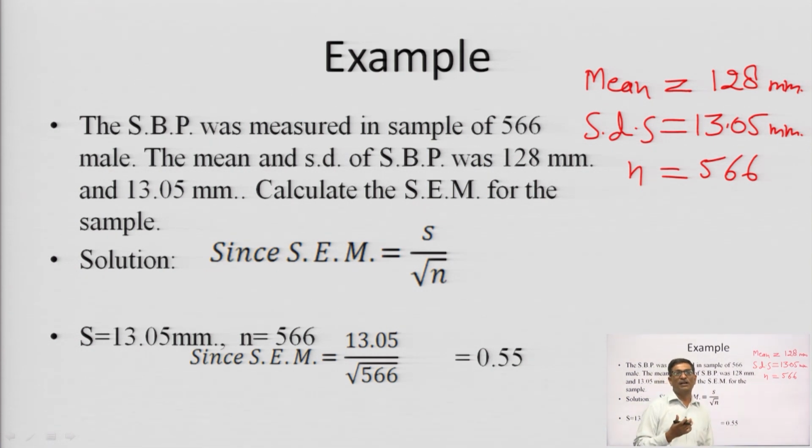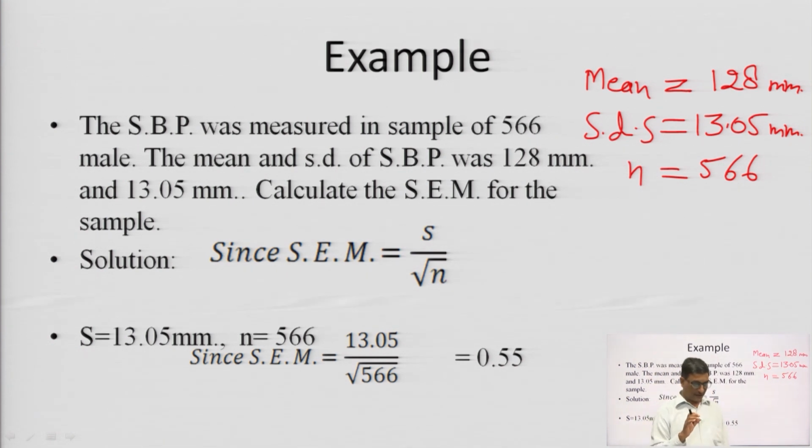So, this is the standard error of this data, and you observe that the standard error is less than the standard deviation of the sample. For a good study, the standard error should be minimum, and standard deviation should be 1/3 or 30% of the mean.